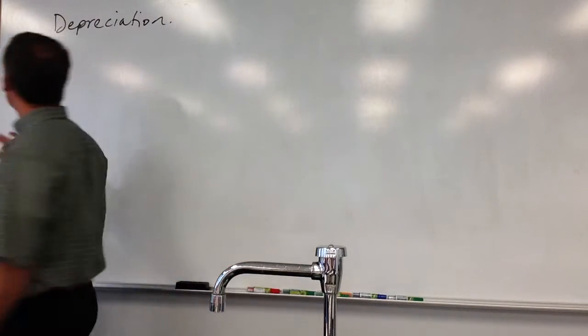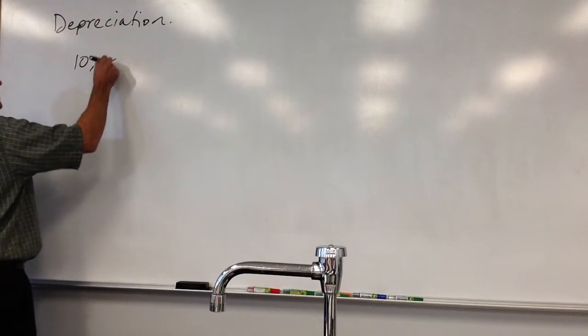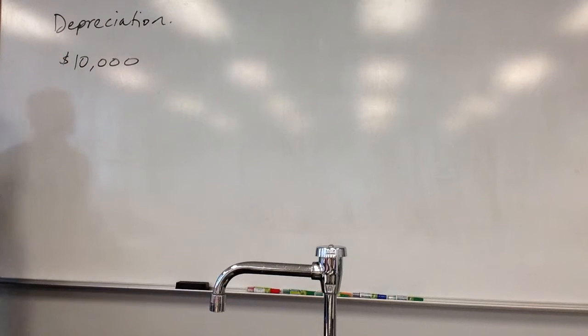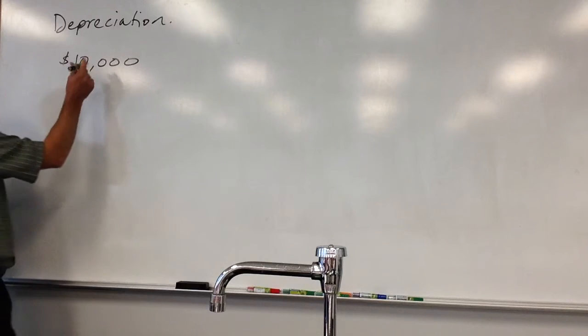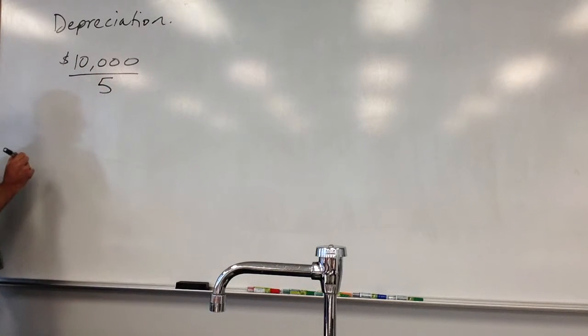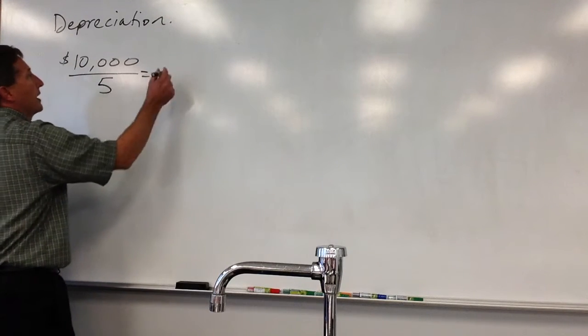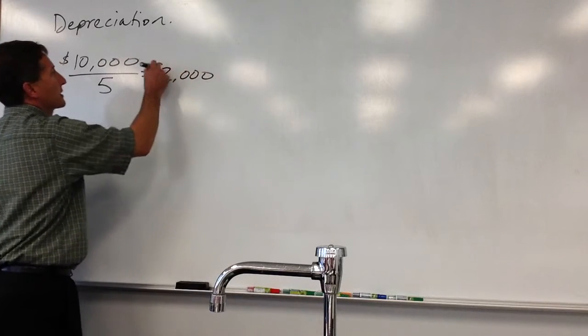If you have a $10,000 grill, remember our restaurant had a $10,000 grill? The IRS might allow you to claim that grill as an expense over the next 5 years. It's called straight line depreciation. So 10,000 divided by 5 equals 2,000 bucks.